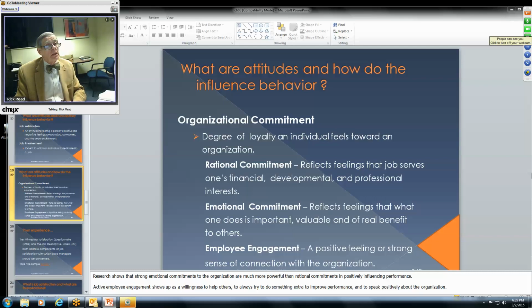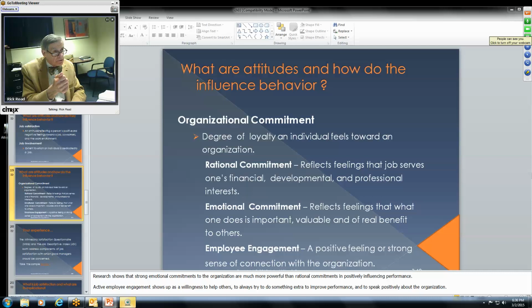Rational commitment really comes along with logic, if you will. The job serves my economic purposes, development and professional purposes. So I've rationalized what the job does for me.